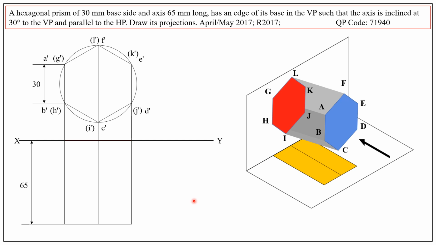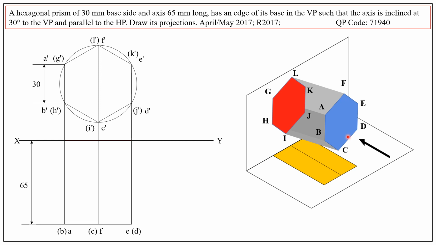We need to name the points. First name the front hexagon corner points with small letters a, b, c, d, e, f. A, E, F are at the top, so when you look from the top, they are nearer to the observer's eye, and hence A, E and F are shown here. The points B, C, D lie directly below the points A, F and E respectively.